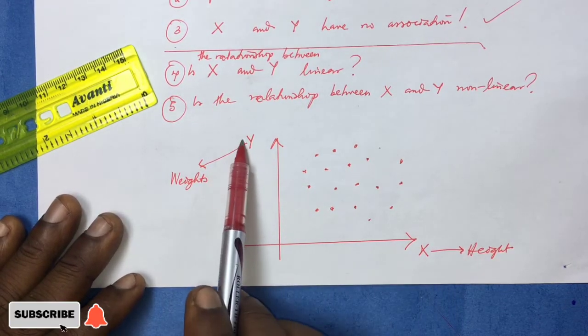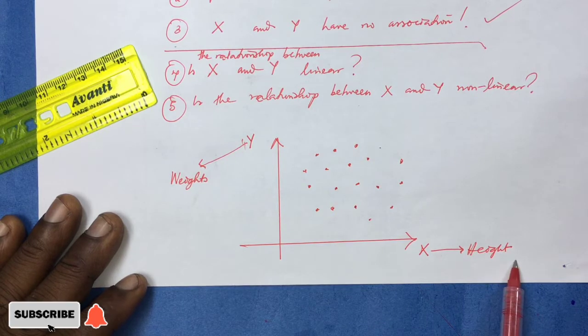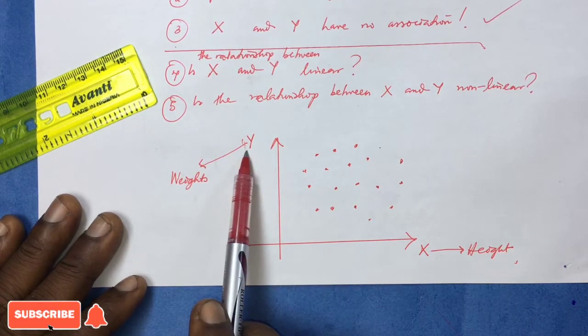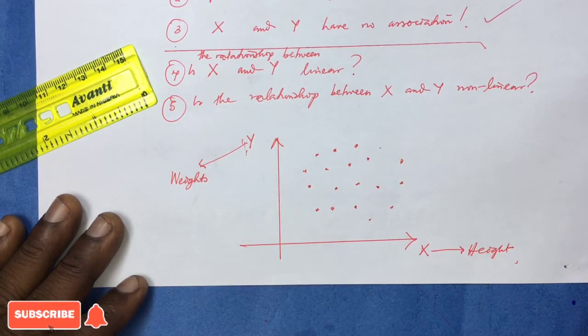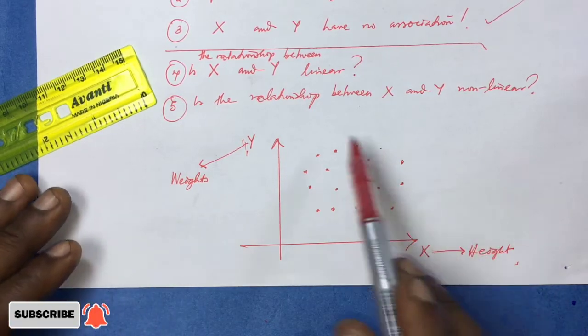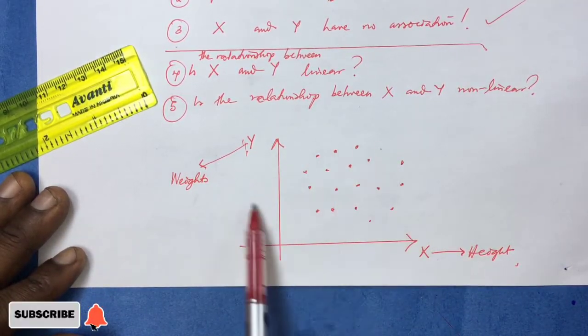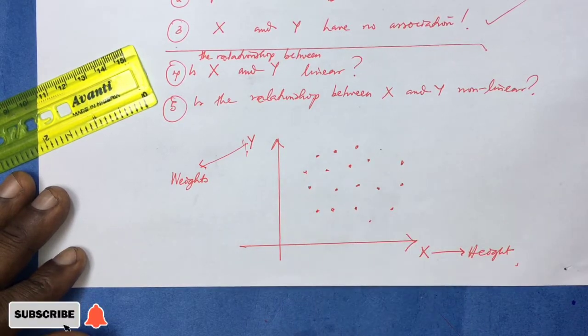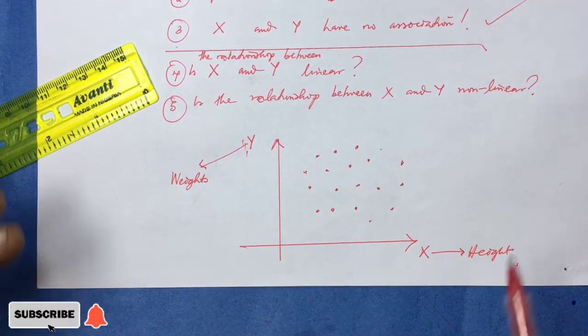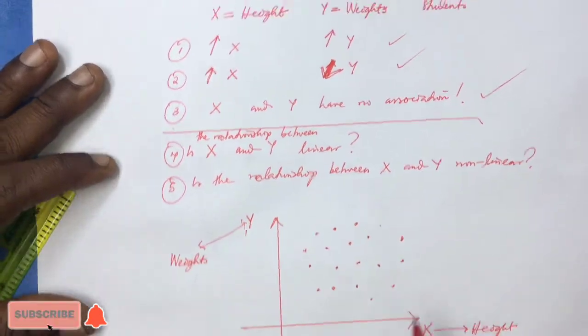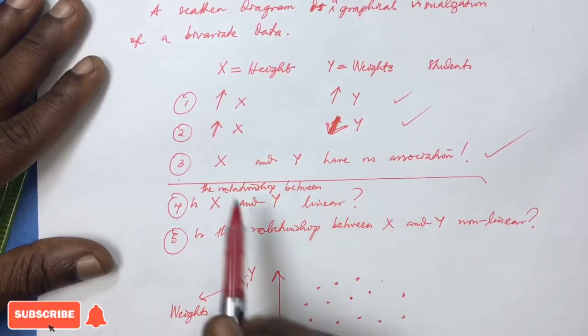Where your y may be the weight and your x the height of students, or your y may be the mathematics scores of students and your x the English scores of students. So a bivariate data can be visualized using what is called a scatter diagram or a scatter plot, and that scatter plot is otherwise a graphical visualization of the bivariate data. So let us quickly look at it again.